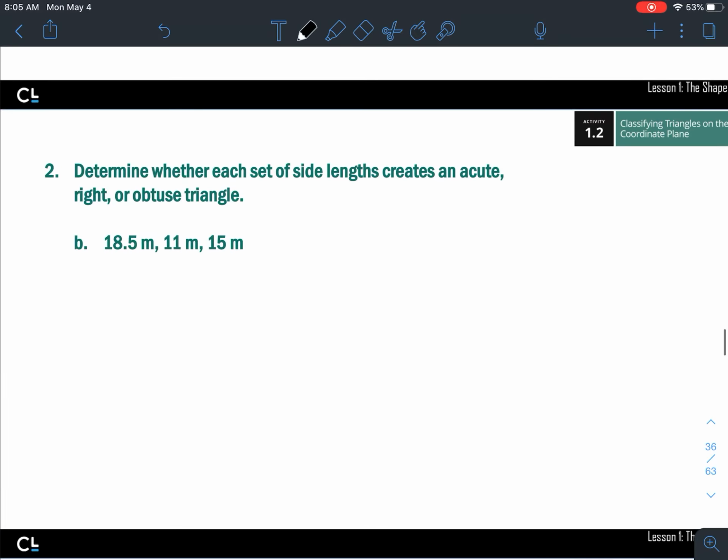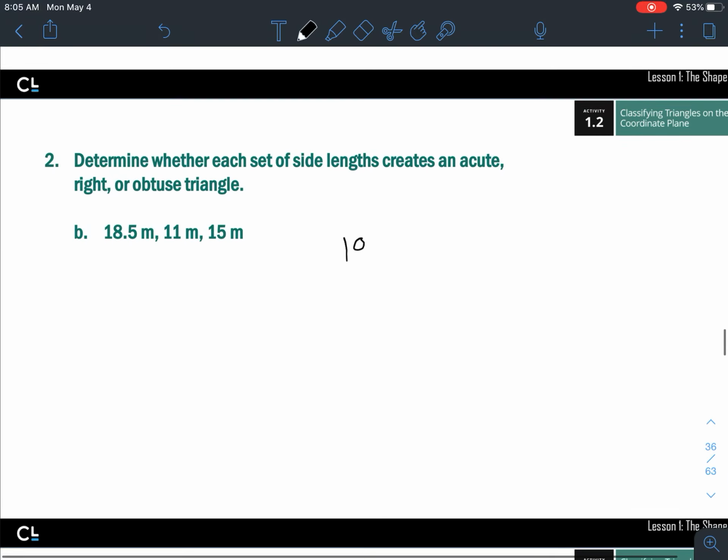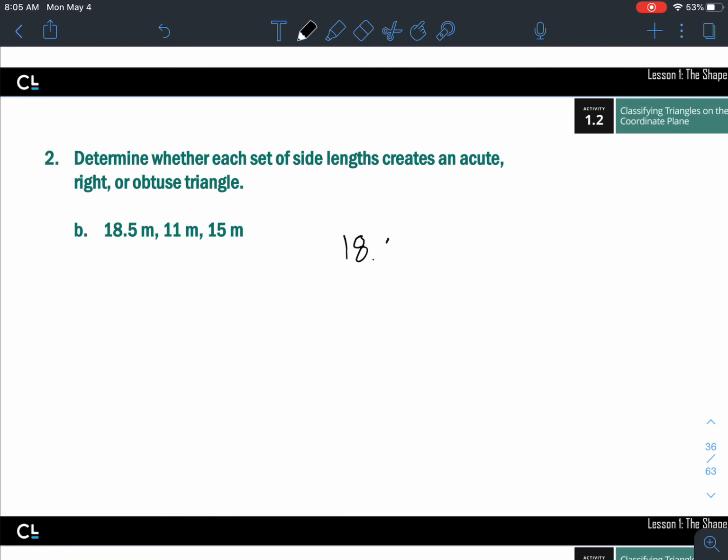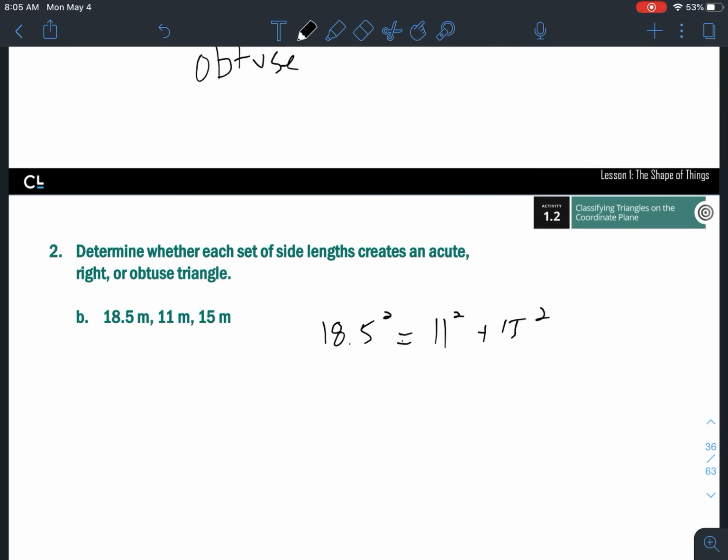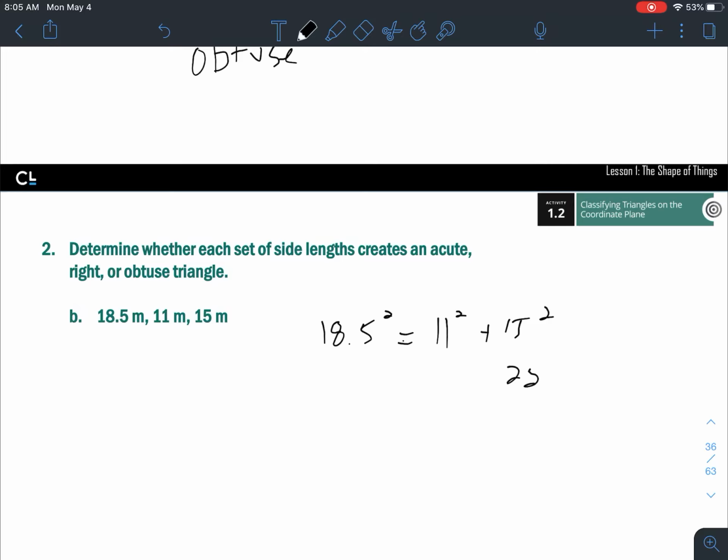Now if we go to this next one, 18.5 squared is compared to 11 squared plus 15 squared. So we know 15 squared is 225. 11 squared is 121.